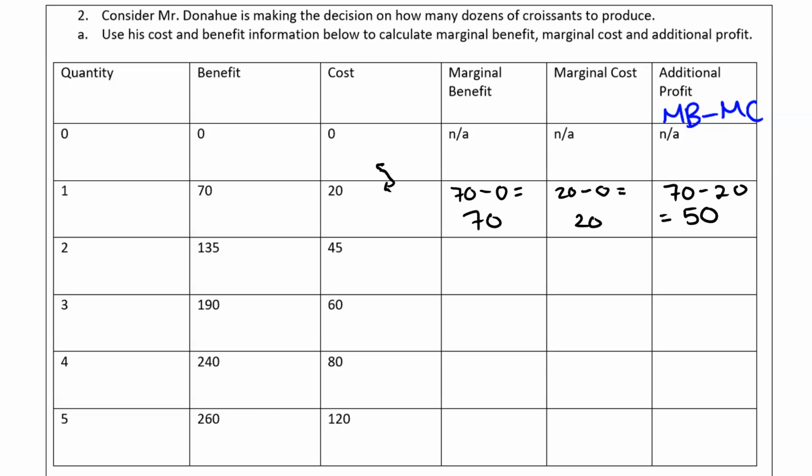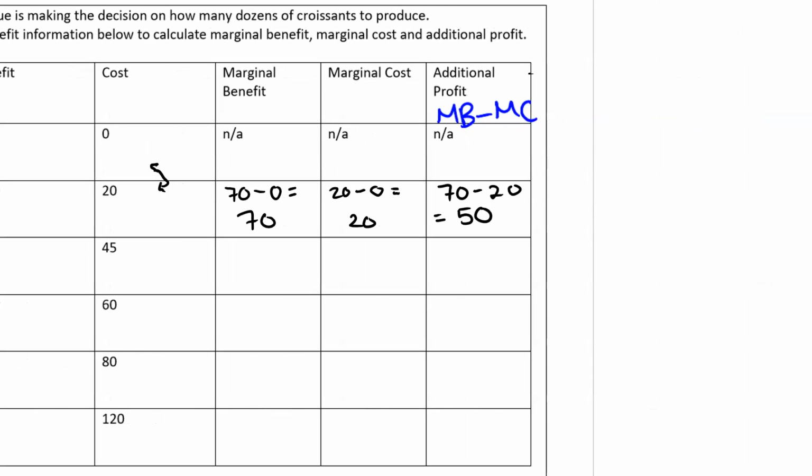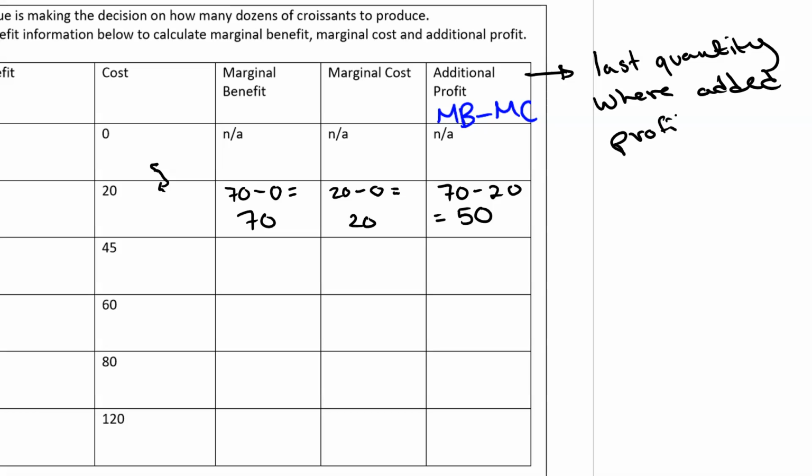Where my additional profit switches from positive to negative is going to be how much I decide to make. So the last quantity where our added profit is positive or equal to 0, all right, will be the amount we produce.